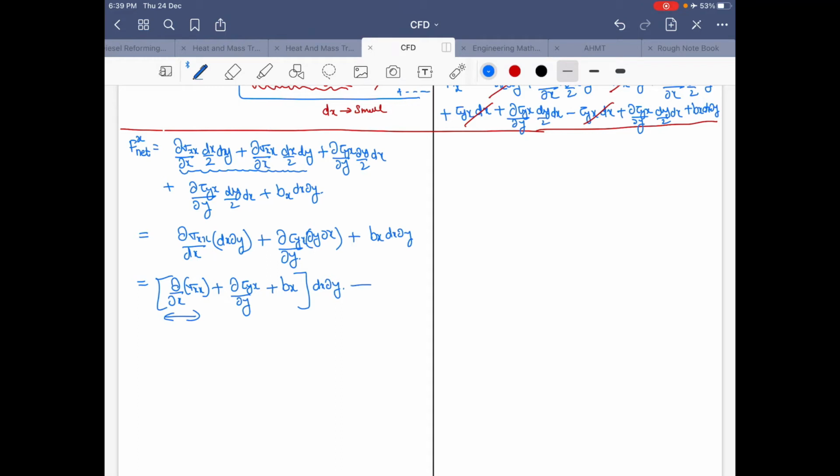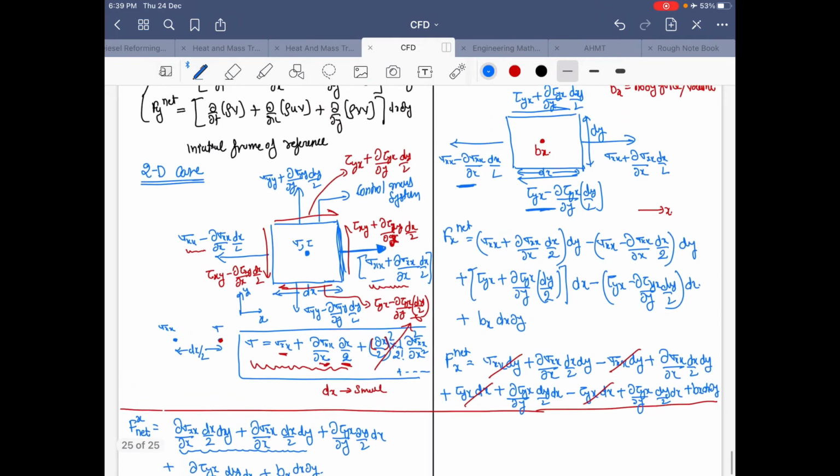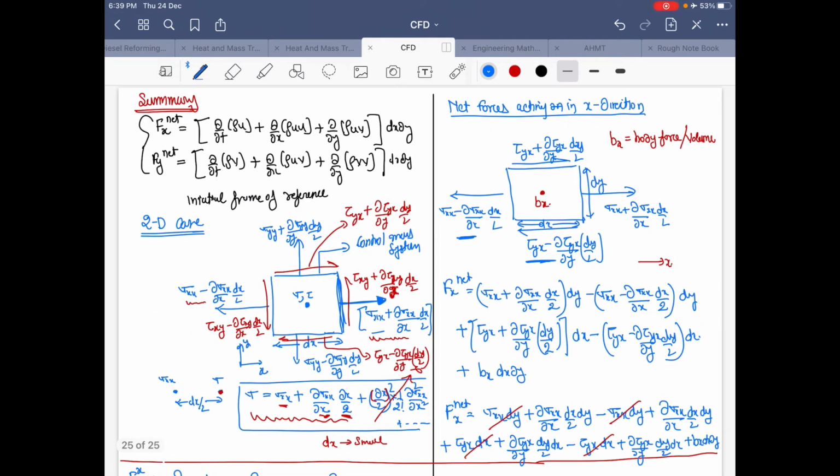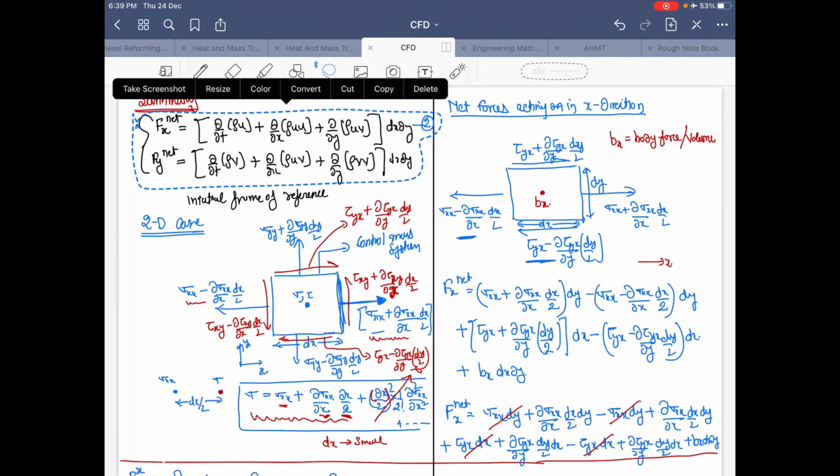Now I will say this as equation 1, and if I scroll to my previous expression, this is my equation 2. I will bring this whole equation to my next page.